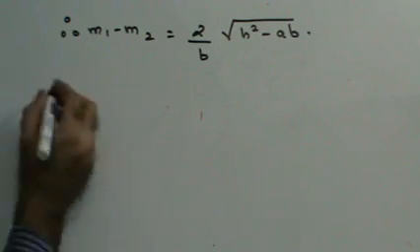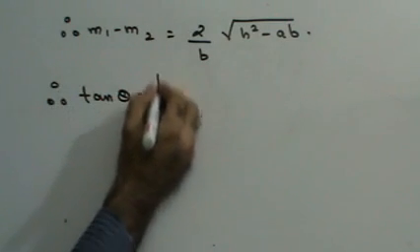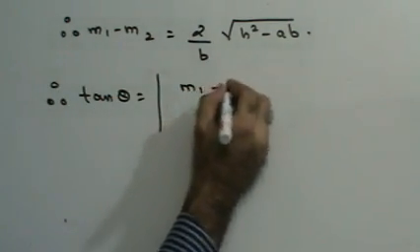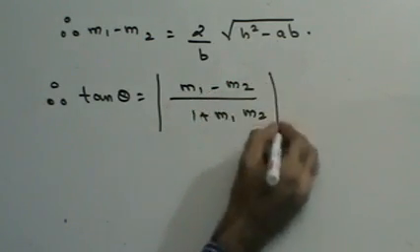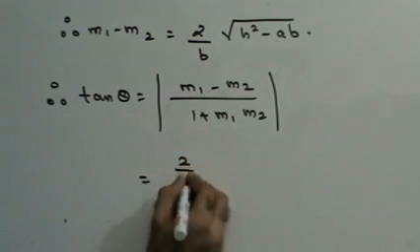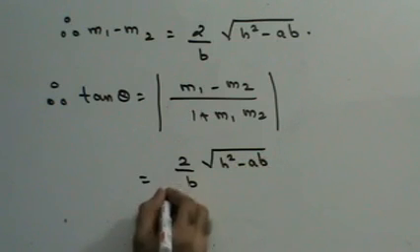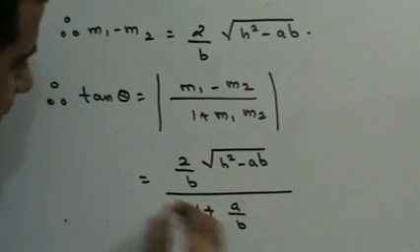Right? Now, substitute in equation 1, therefore I can say tan theta is modulus of m1 minus m2 upon 1 plus m1 m2. Substitute the values: 2 upon b square root of h square minus ab upon 1 plus m1 m2. m1 m2 is nothing but a upon b.